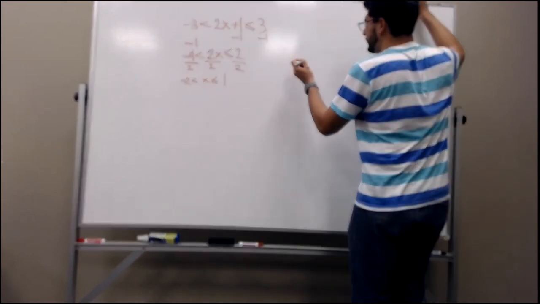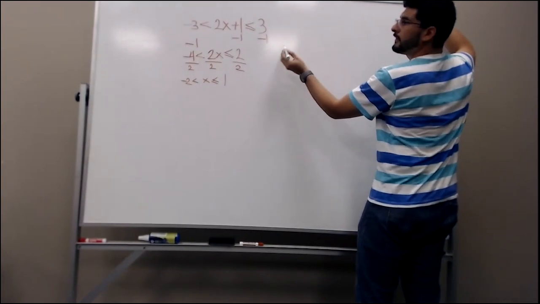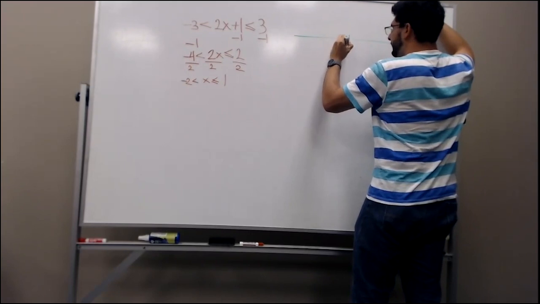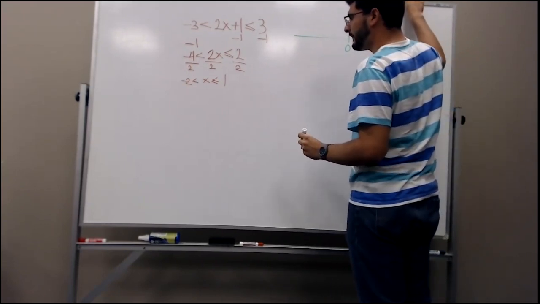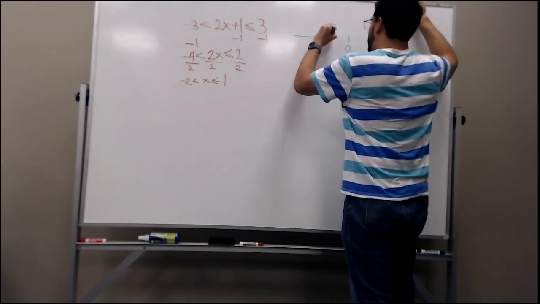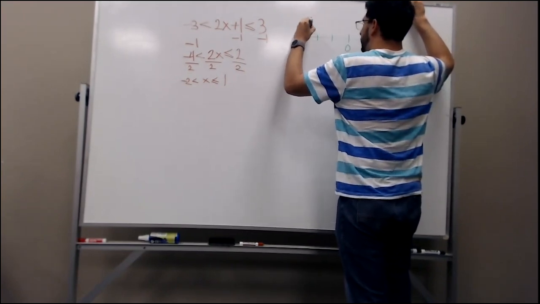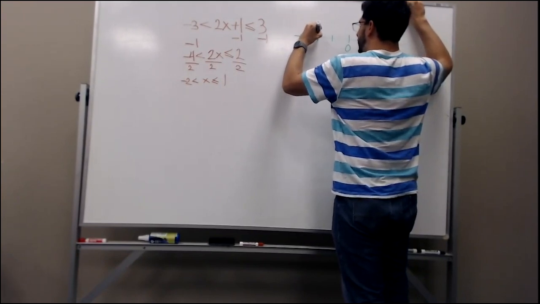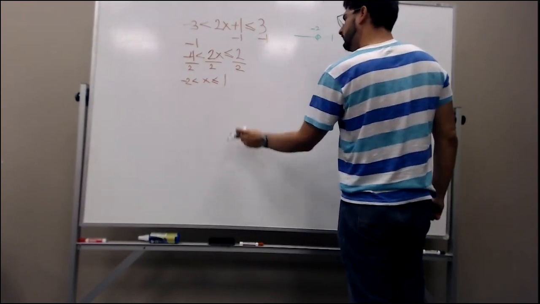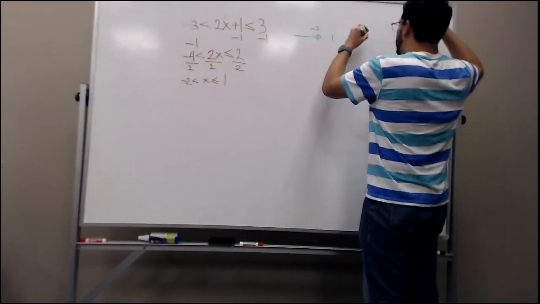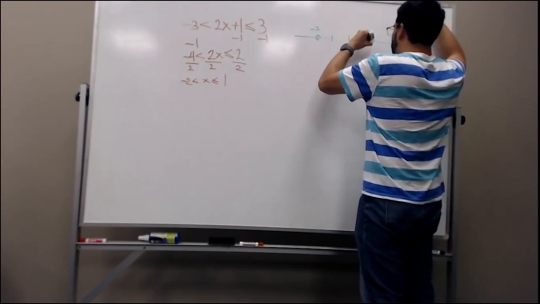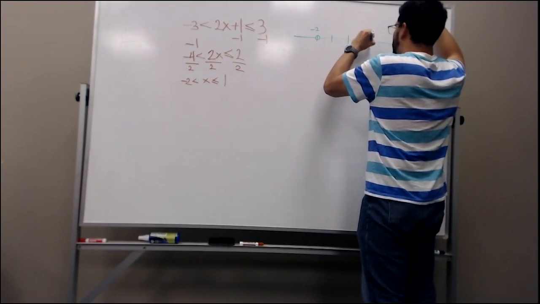So let's see. We have a graph here, and here is 0. Minus 2 would be here, but it's not a solid circle. And it goes all the way to 1, but it's a solid circle because that's an equal sign.